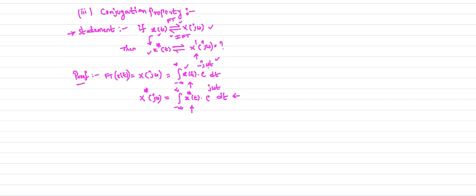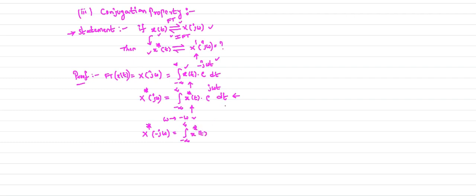How can you get e power minus j omega t? For that, just replace omega by minus omega on both sides of the above equation. So what we will get? So we will get X conjugate of minus j omega is equal to integral minus infinity to plus infinity x conjugate of t.